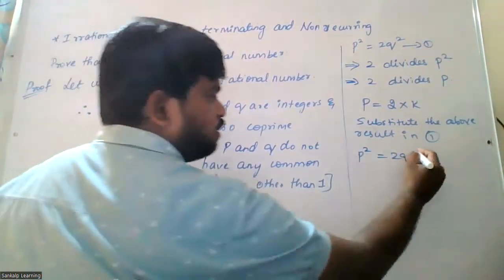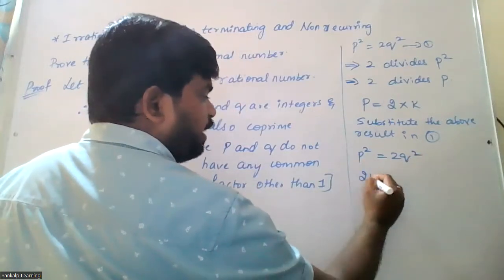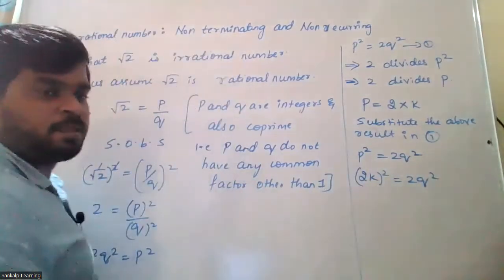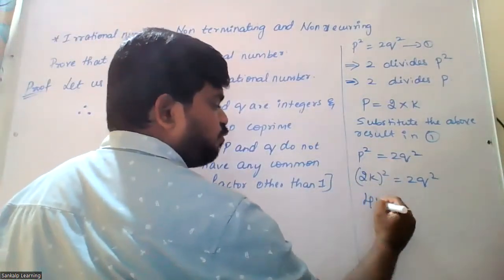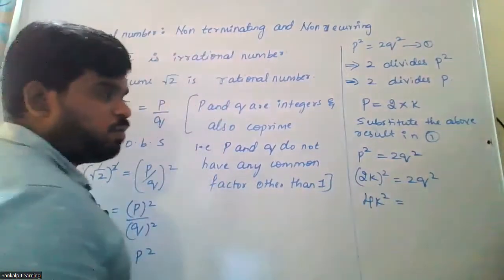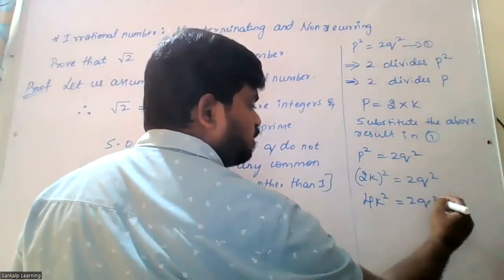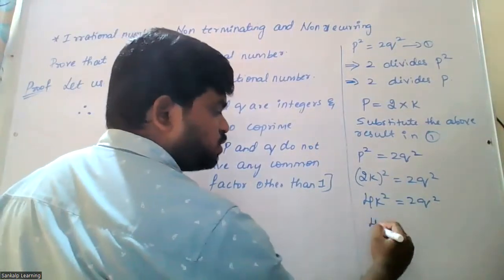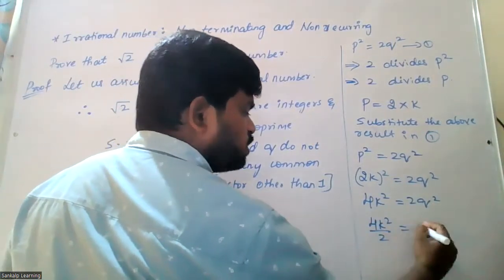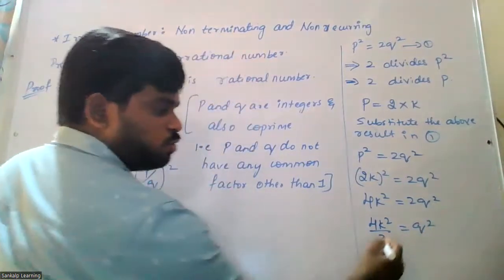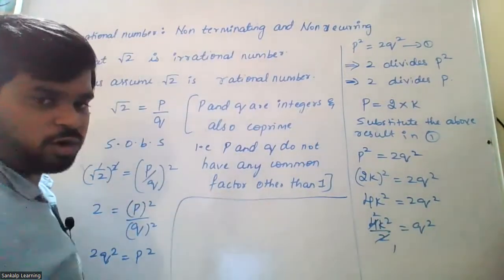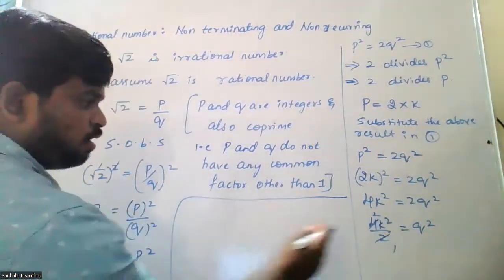In place of p, I can write 2k the whole square is equal to 2q square. 2k the whole square is 4k square, which is equal to 2q square. I can send this 2 to this side, so it becomes 4k square by 2 is equal to q square. Two ones are two, two twos are four. Let me continue here. Therefore, what have we got now?